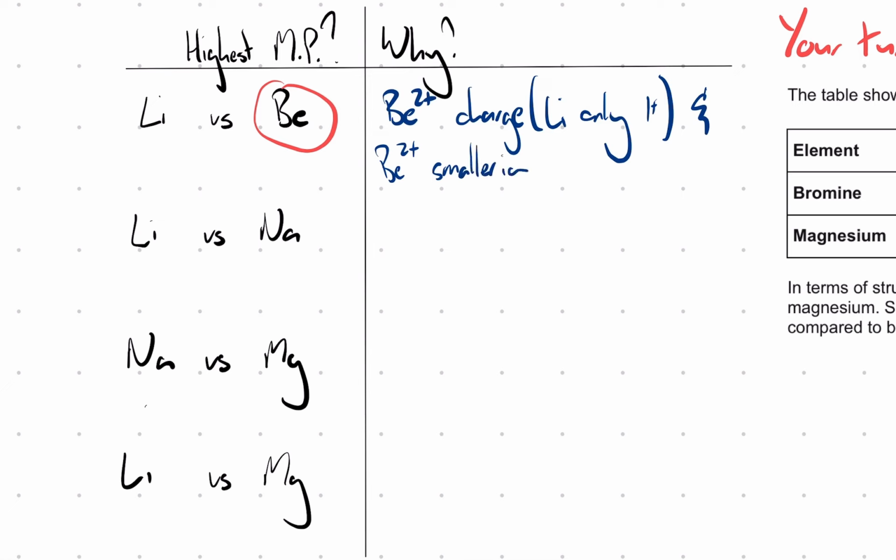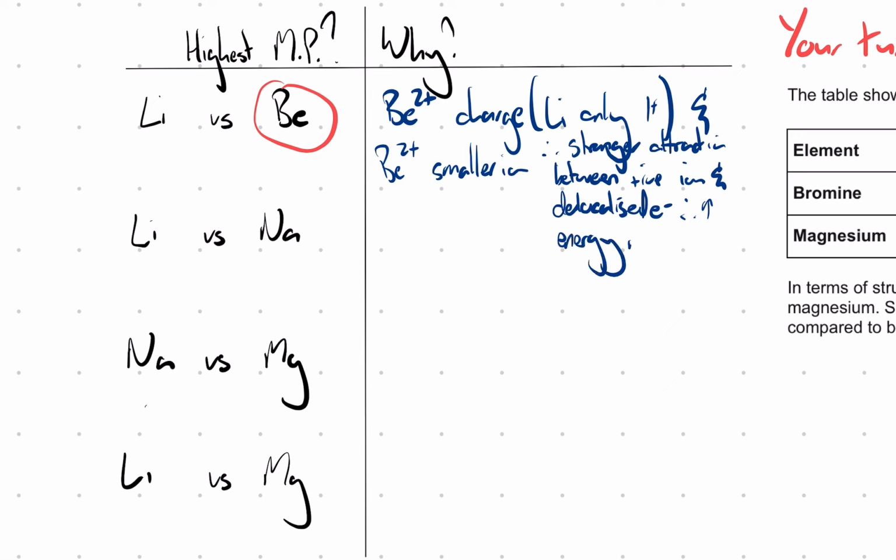And our general explanation is, therefore, stronger attraction between positive ion and delocalized electrons, therefore more energy required to overcome forces.